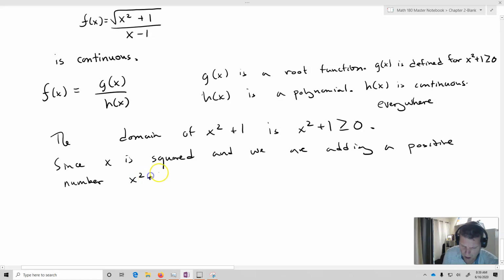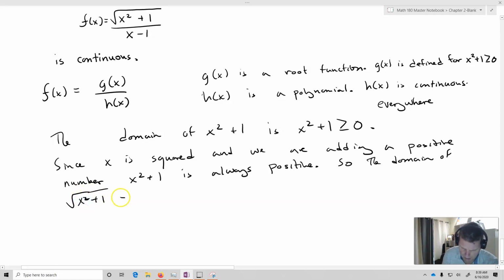X squared plus 1 is always positive. So the domain of the square root of x squared plus 1 is equal to negative infinity to infinity. It's defined everywhere.